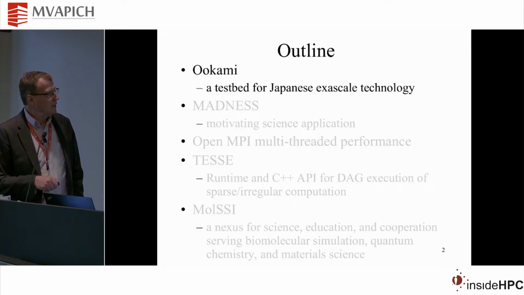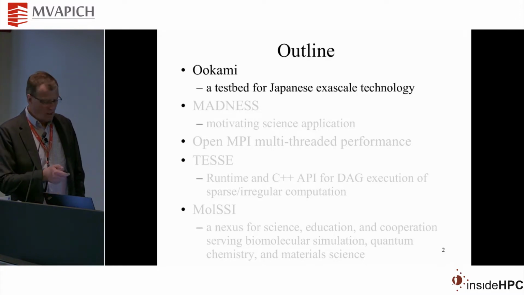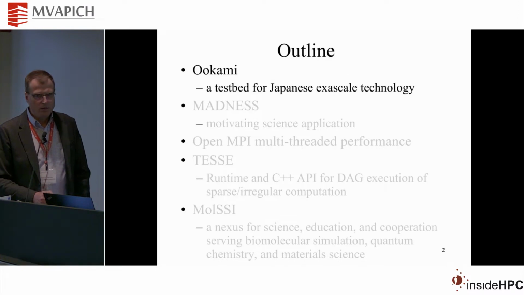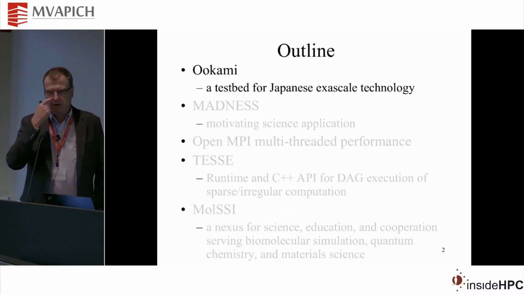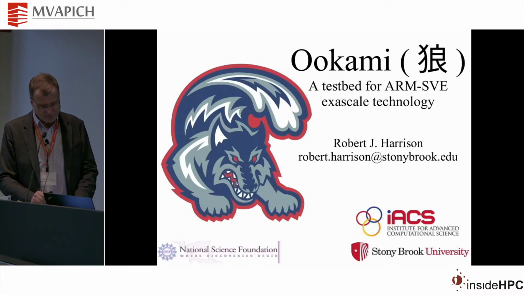And again, in collaboration with some of the OpenMPI team, developing a new data parallel, data flow programming model. And then at the end, I'll talk about this larger activity, the Molecular Science Software Institute, which is essentially a community scale activity within the entire molecular sciences community.